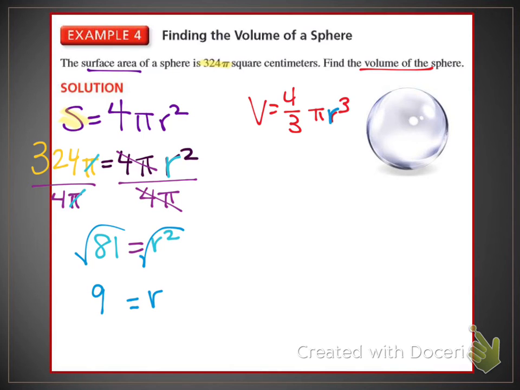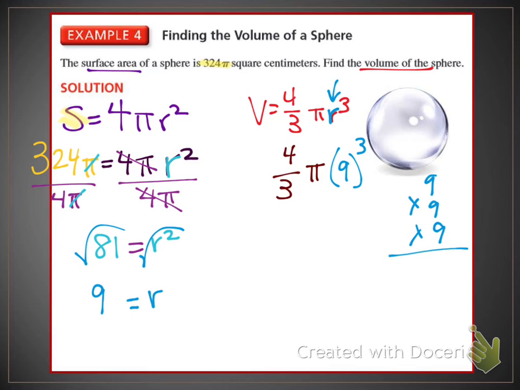So this is what we plug in for the radius in our volume. 4/3 pi times 9 cubed. What is 9 times 9 times 9? Correct, 729.